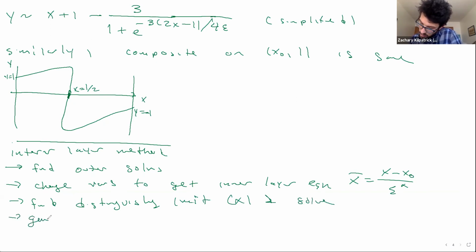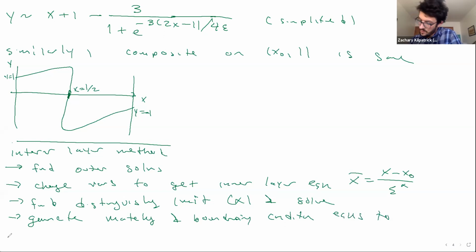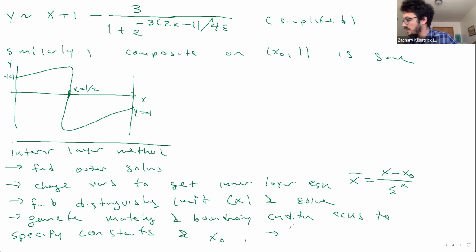Then you'll generate matching and boundary condition equations to specify constants, and in particular x0. And then lastly you'll make the composite. So really only one additional step for boundary layer problems. Any questions about this?